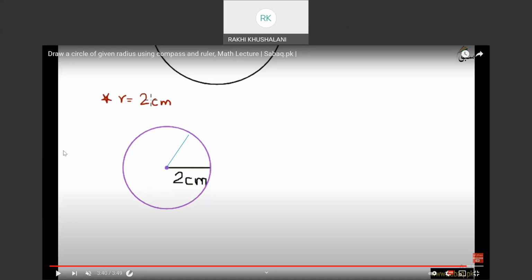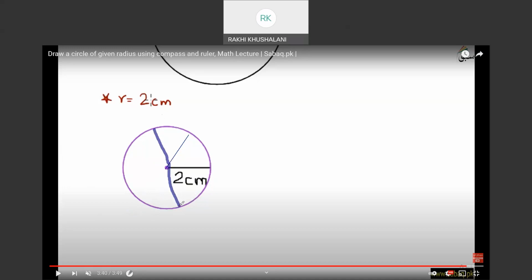Oh, this is not getting selected. If I take something like this, passing through the center, that will become the diameter, and it will measure exactly 4 centimeter. You need to try it, children. Sorry for this tilted line not coming straight. I don't know, that line is not getting active. So this will come to be 4 centimeter.